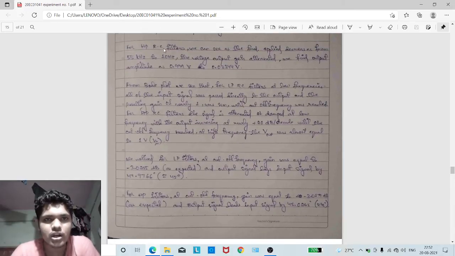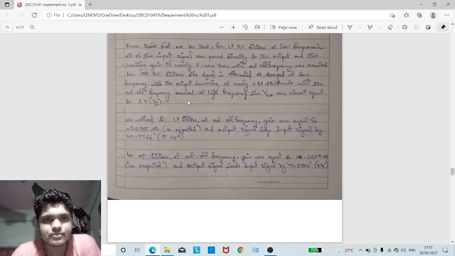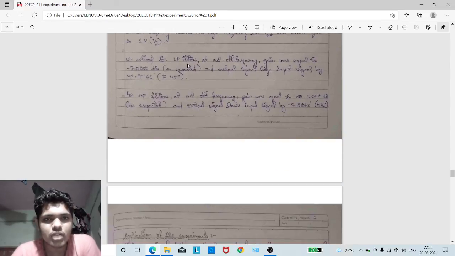And for HP, I mean high pass filters, as the frequency was increasing, the output voltage was also increasing. And for LP filters, the cutoff frequency, as we expected and as we found theoretically, was nearly the same, and the output signal was lagging by nearly 45 degrees.